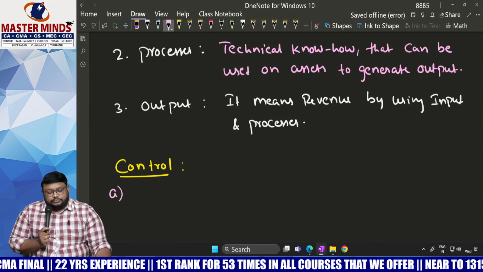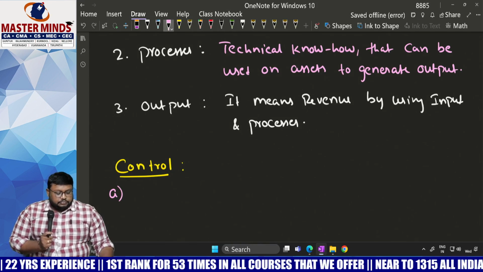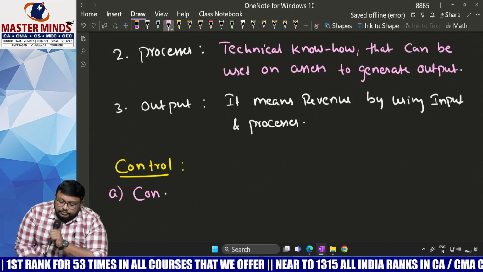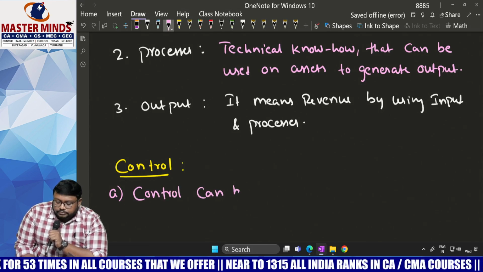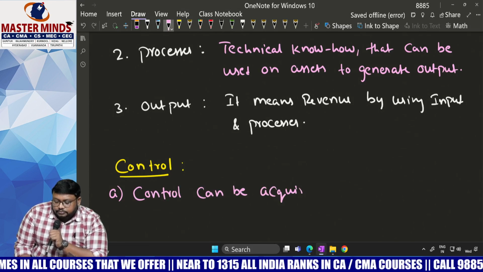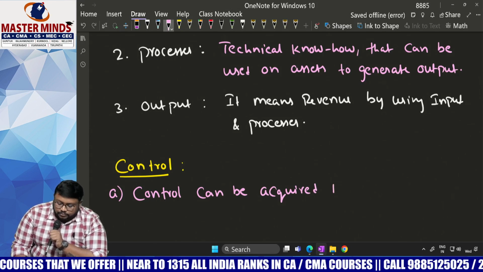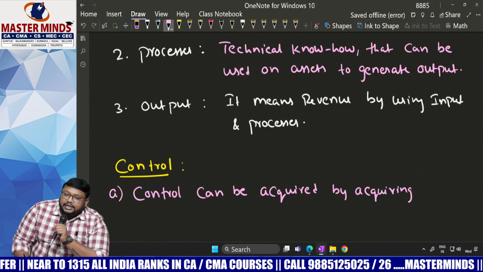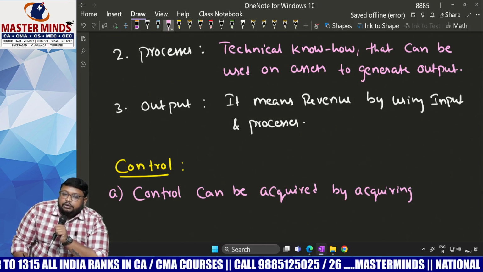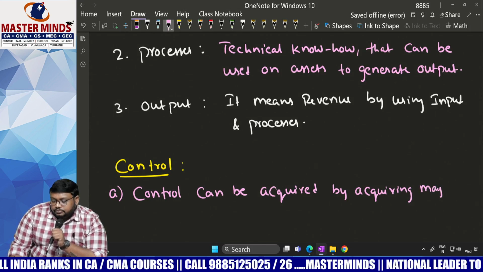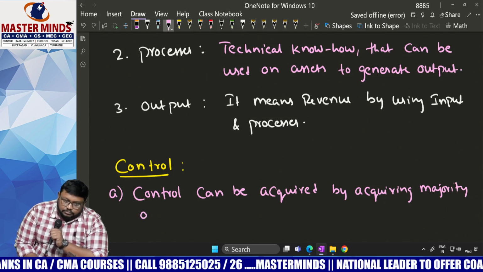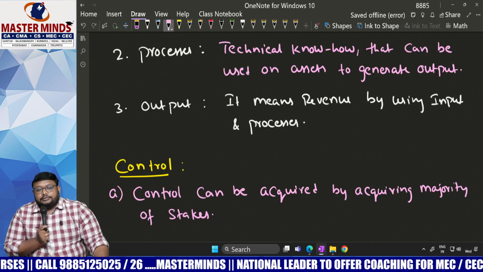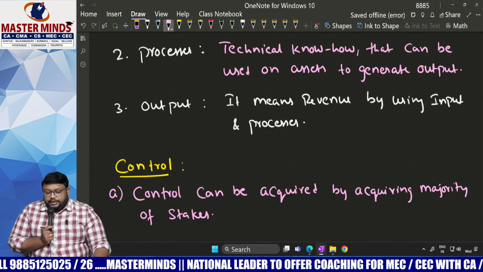Right, point number A. Control can be acquired by acquiring majority of stakes.